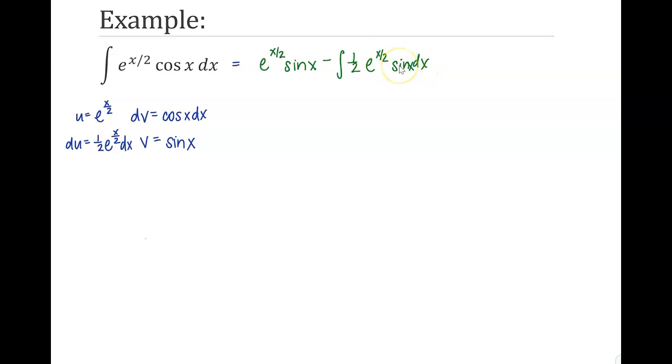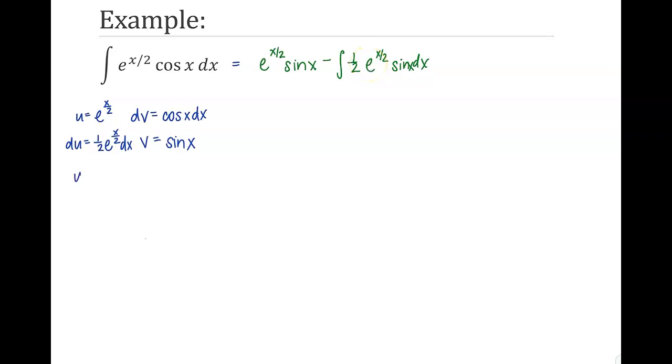The integral that I have left here is very similar to the original problem. It's another exponential times a trig function, specifically sine or cosine. So we're going to repeat the process. We're going to let our u, but since I already have u, I'm going to call it u1.